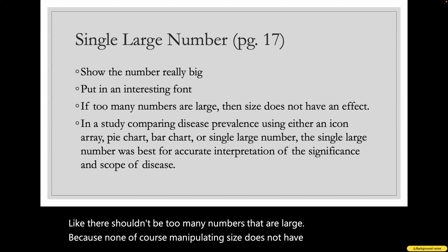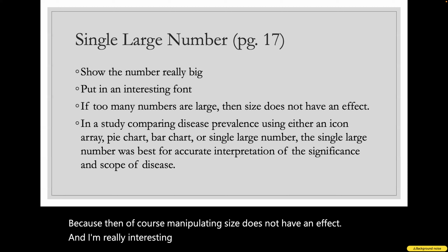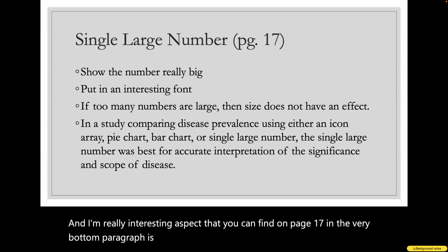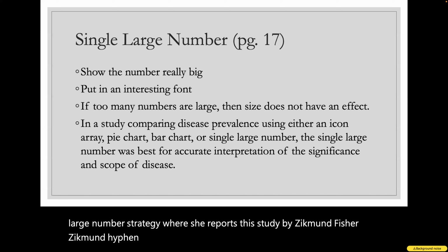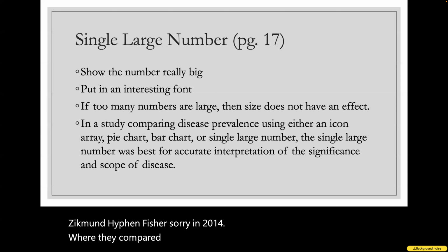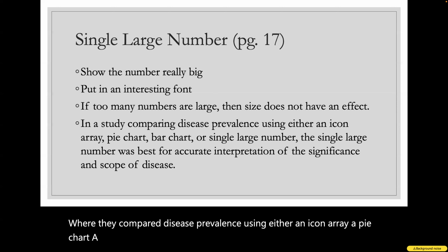There shouldn't be too many numbers that are large, because then of course manipulating size does not have an effect. And a really interesting aspect that you can find on page 17 in the very bottom paragraph is that the author actually cites a study about the single large number strategy, by Zikmund-Fisher in 2014, where they compared disease prevalence using either an icon array, a pie chart, a bar chart, or a single large number.